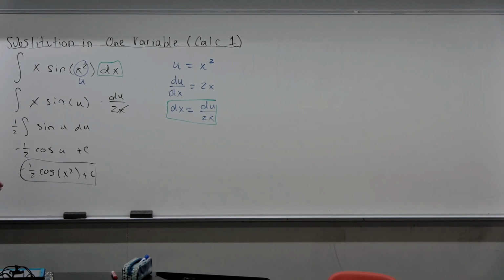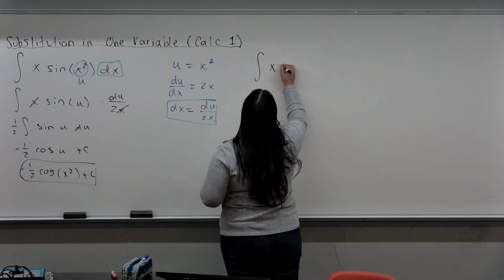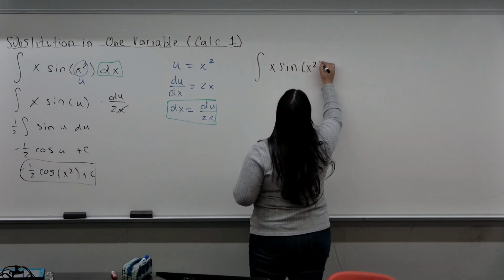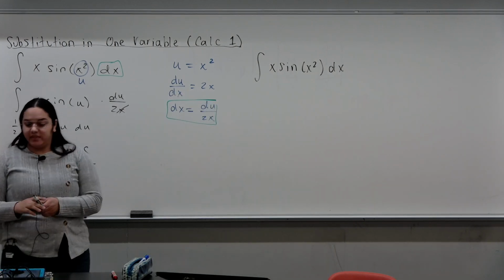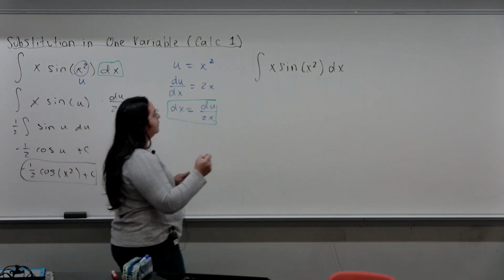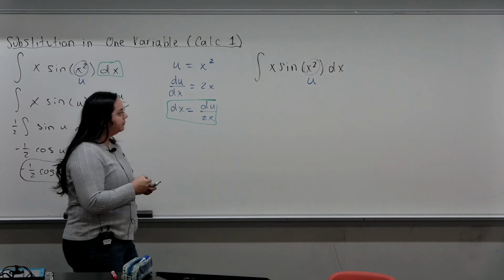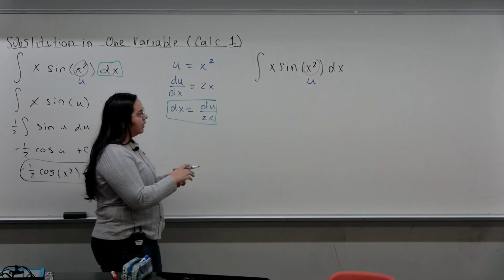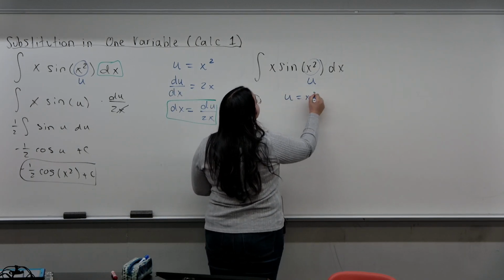But what if we were to rethink how substitution works? Same problem, integrating x sine of x squared dx. We want the same idea: you want to undo the chain rule, so we allow u to be the inner function. This gives us that u is x squared.